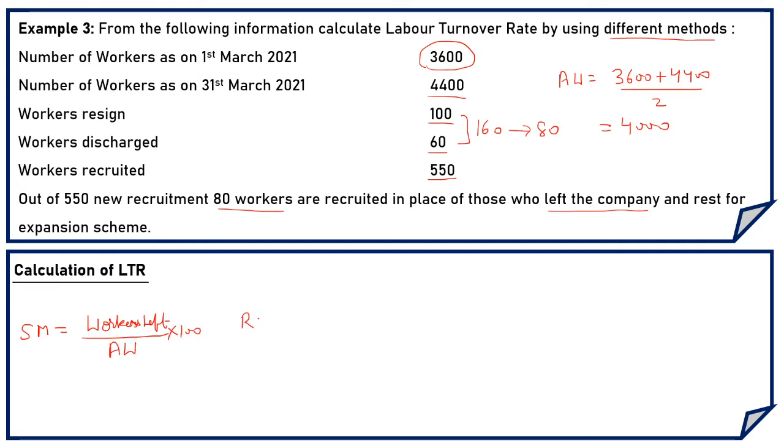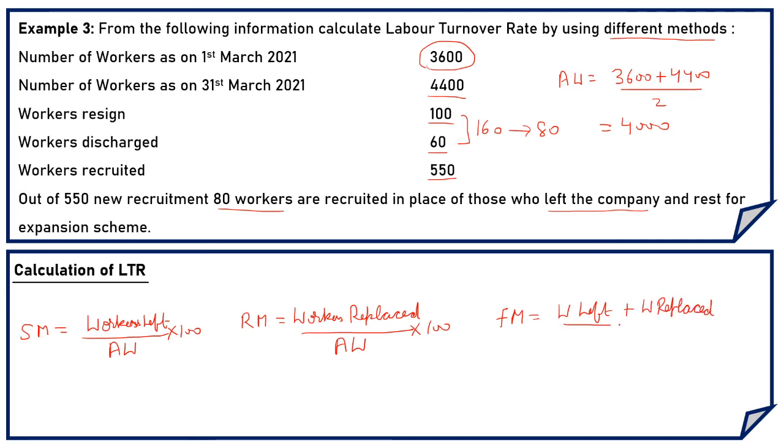Under replacement method, our formula is workers replaced, workers in place of those who left the company, divided by average workers into 100. Third method is flux method, which is a combination of separation and replacement. So here we take into account workers left plus workers replaced divided by average workers into 100.